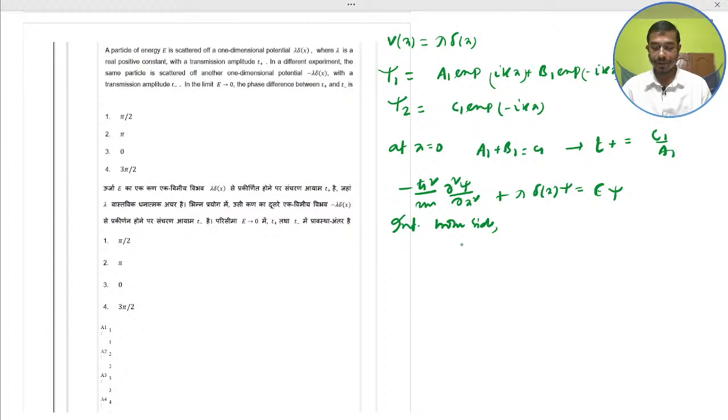minus h cross square by twice m times ik (c1 minus a1 minus b1) plus lambda c1 equal to 0.